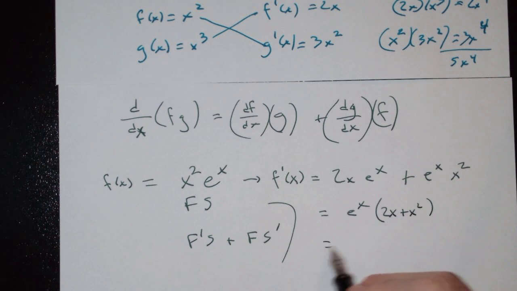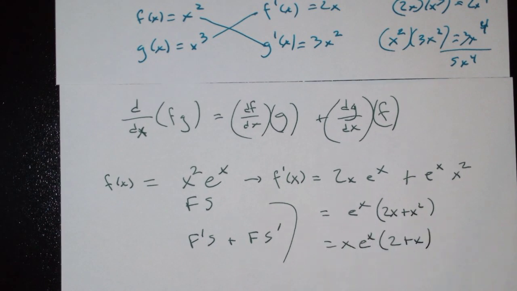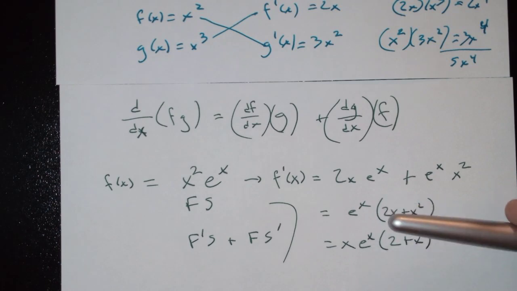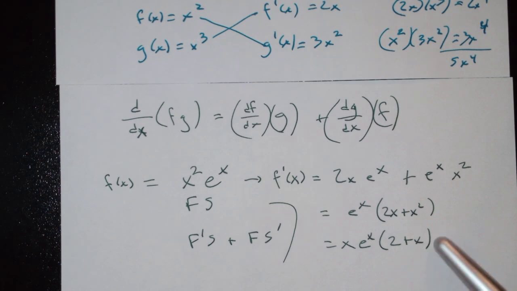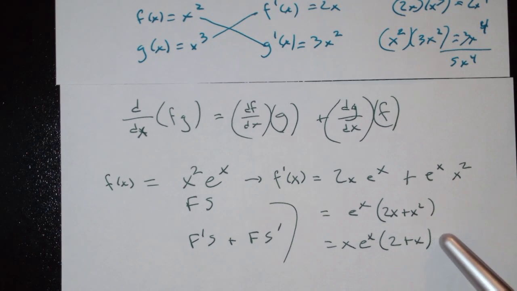I can even go a step further and factor out an x. All of this is optional. It's just going to depend on what reference you are looking this up in. In the back of our book, you'll actually see this version.